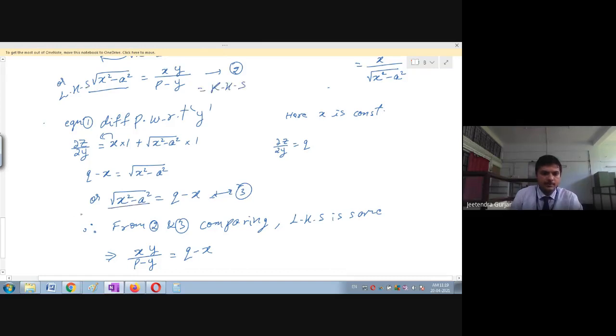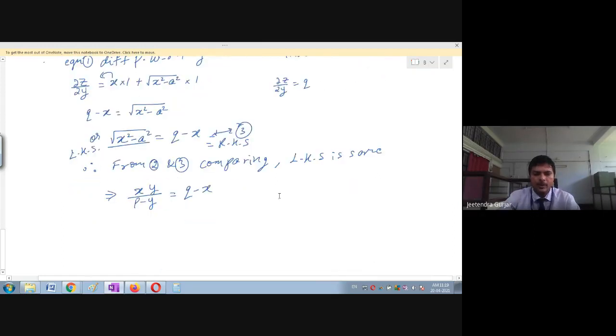So therefore, RHS is equal to RHS. So you can see xy divided by p minus y is equal to q minus x. Now you can simplify this very easily. Here you can see that the arbitrary constants a and b are eliminated. Is it clear? Okay.